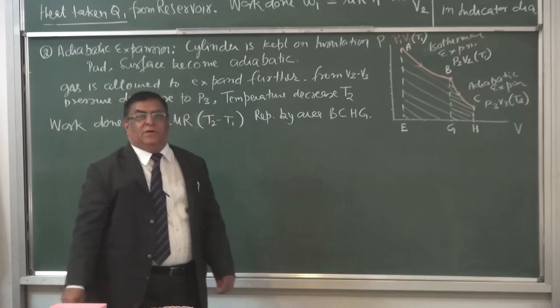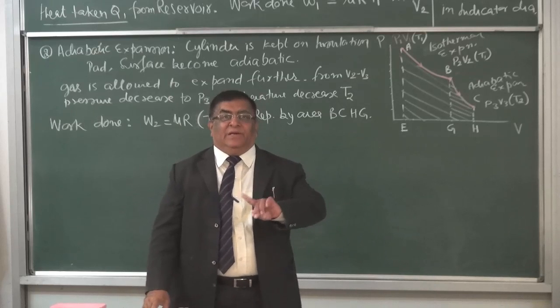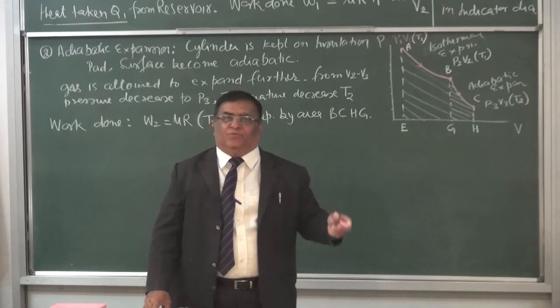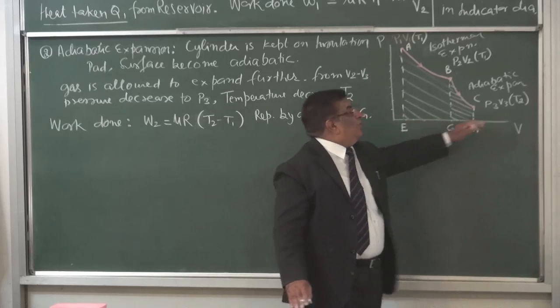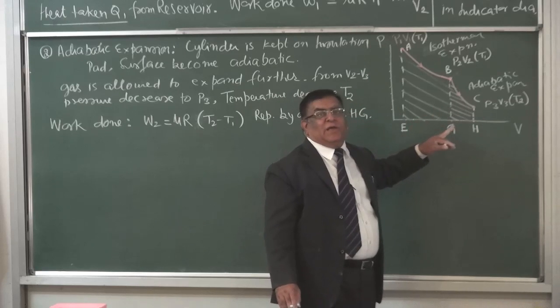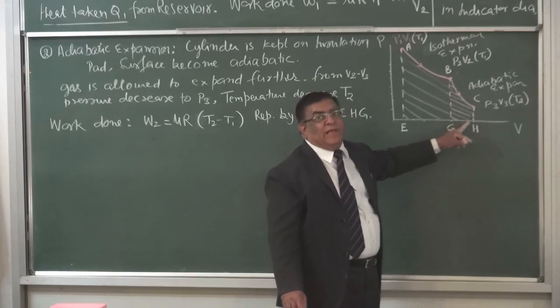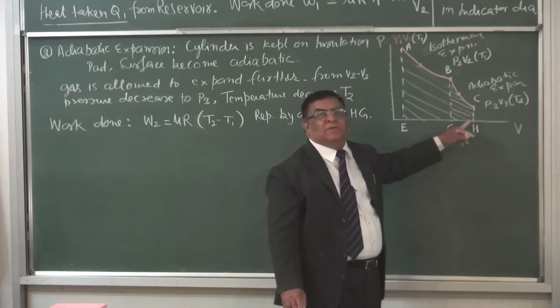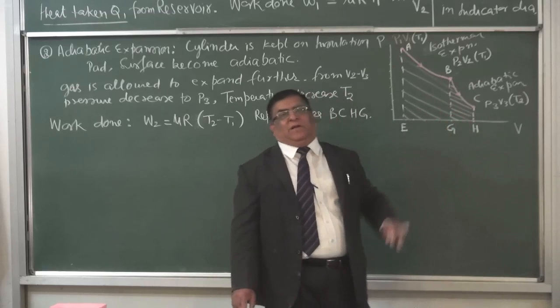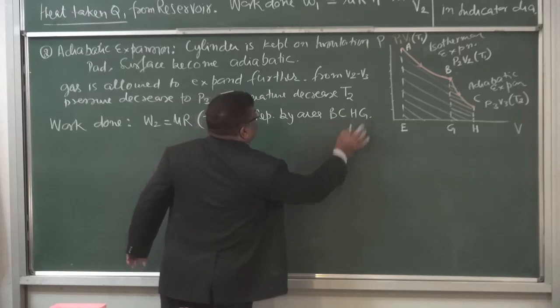You all will remember, work done has a formula P into V, pressure into volume. This is pressure, this is volume, and what is the formula for area? Length into width, pressure into volume. So area is pressure into volume, but pressure into volume is the work done. So area represents the work done. Therefore, it is represented by area BCHG.